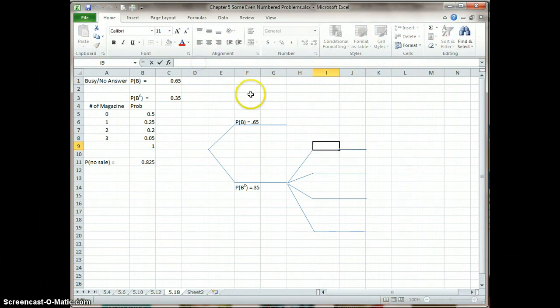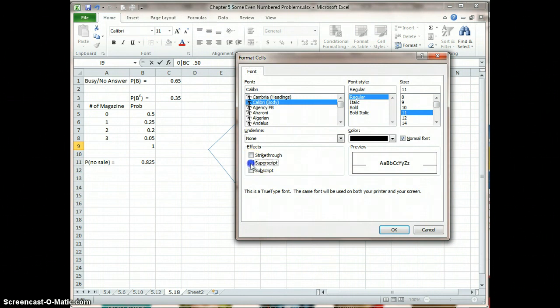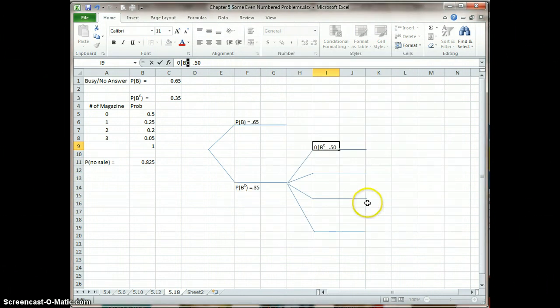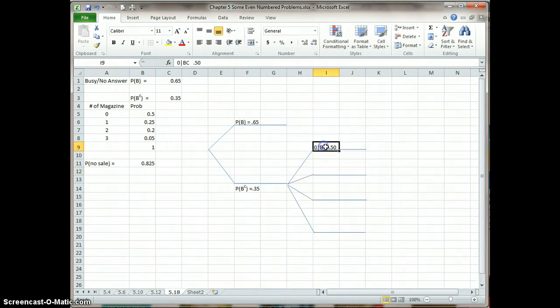So in this case, it's going to be 0 given B^C, and that's 0.5. Now I'm going to go up here on the C, highlight it again, and make that superscript. And I actually just could copy this and change it.